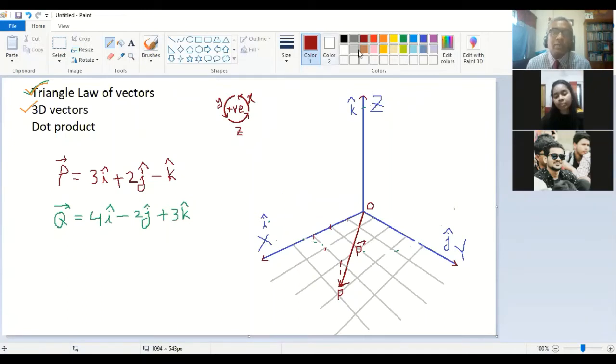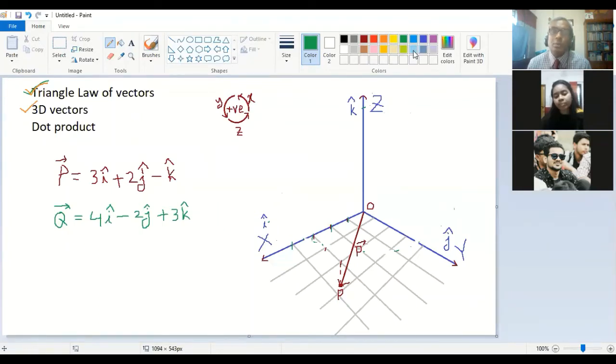Again, you start from the origin, that is the 0, 0 point, and you go through the x-axis 4 units. So 1, then 2, and 3, then 4, up to this. And then minus 2. Minus 2 means what? 2j means y-axis but minus.